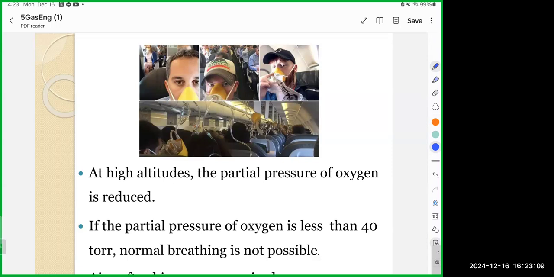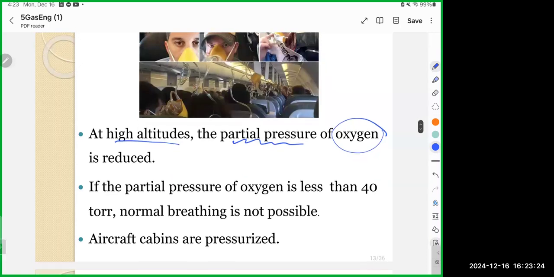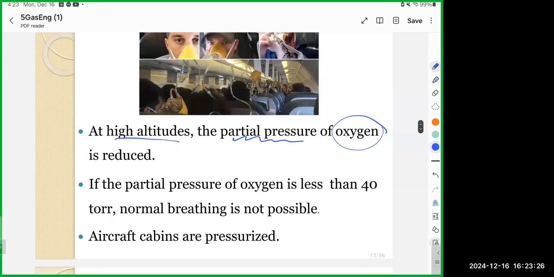At the high altitude, as you can guess, the amount of oxygen is reduced, right? Which means that the partial pressure of the oxygen is reduced as well. And if the partial pressure of oxygen, not the total pressure, okay?